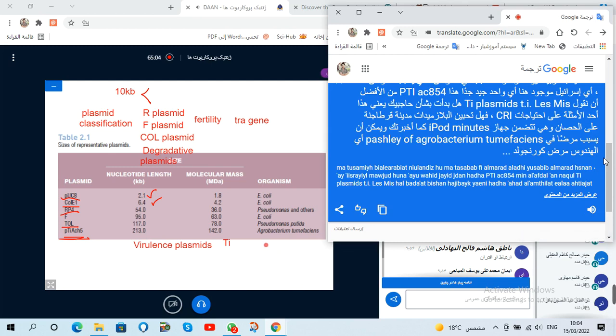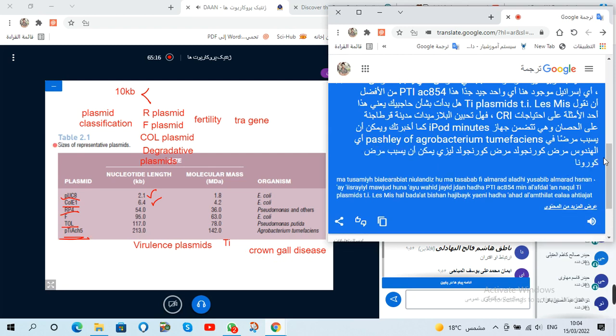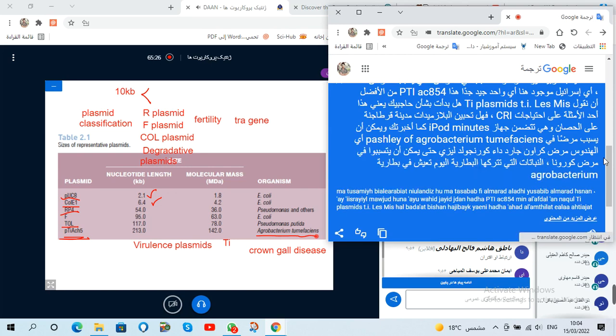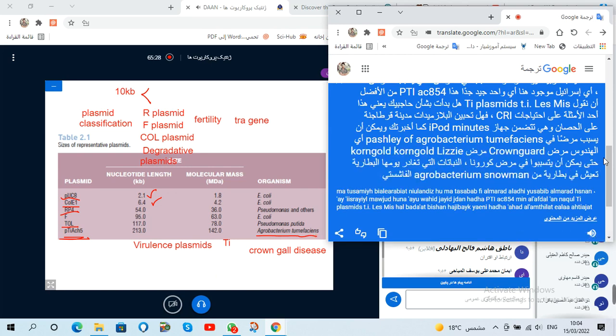They can cause crown gall disease in plants.